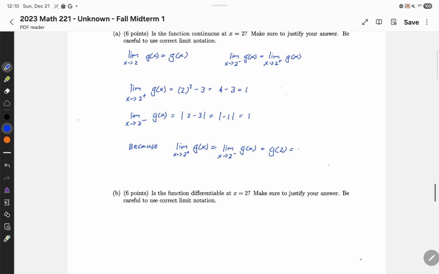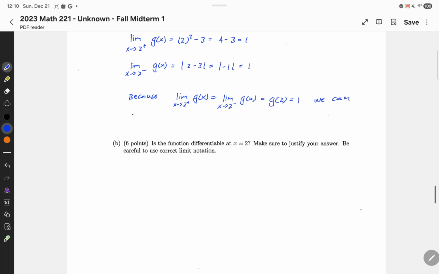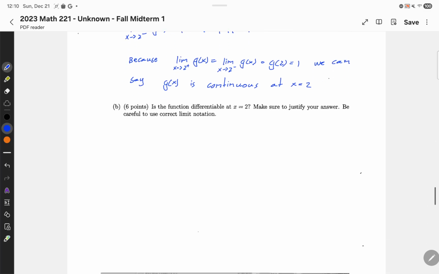And these are all equal to the same value. We can say g of x is continuous at x equals 2. And that is all we need to show for this one.